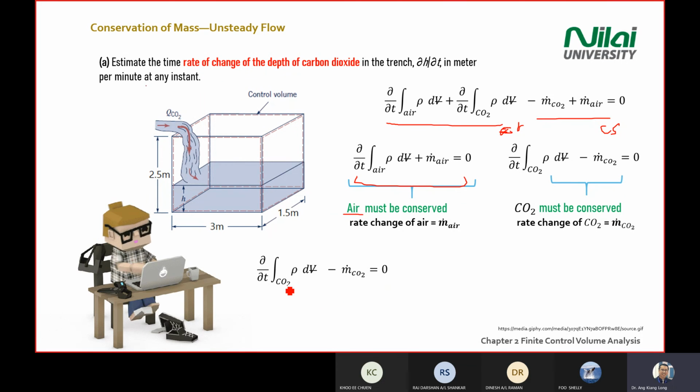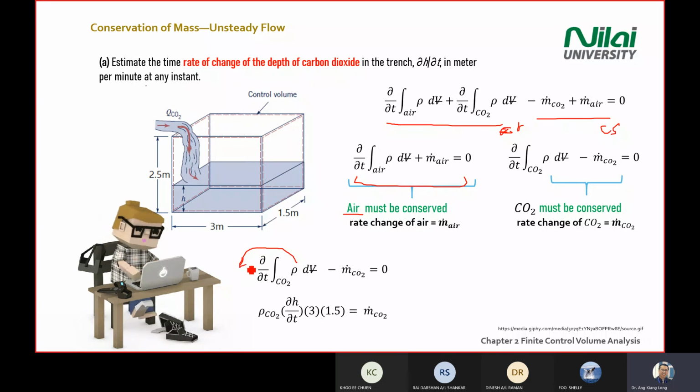First, for CO2, you have an integration of rho CO2 dV minus m dot CO2 equals 0. You substitute the value that you know, because what we have is the carbon dioxide flow rate. You pull the density out because density is a constant value.